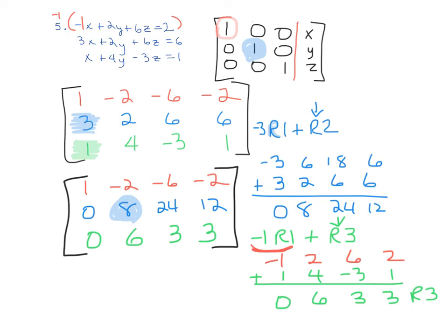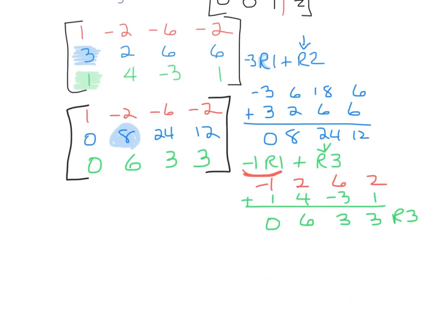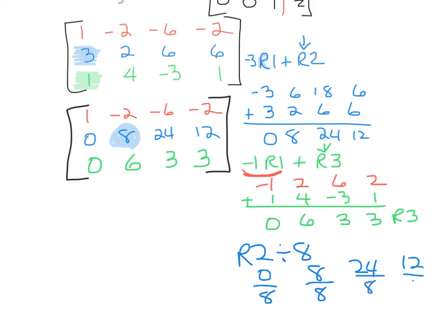So I'm going to divide it by itself first, change that to the 1 first, then I can change the -2 and the 6. So I'm going to take row 2, and I'm dividing it by 8. So I'm doing 0 divided by 8, 8 divided by 8, 24 divided by 8, and 12 divided by 8.